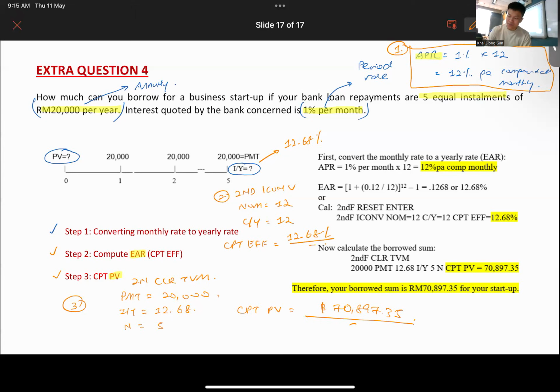So 3 steps in total. Number 1, number 2, and number 3. So from the initial APR to EFF and then to PV. When you write, no need, but it will show you in the calculator in negative.